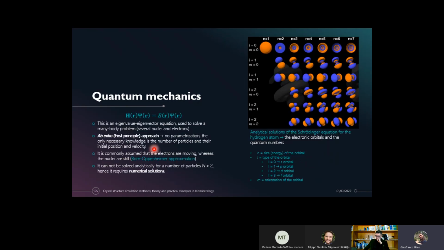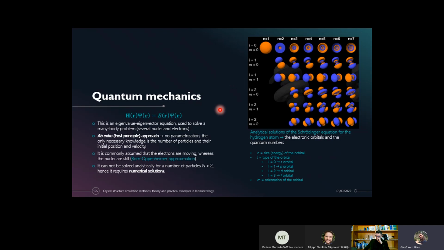The most important feature is that the only systems for which the Schrödinger equation is analytically solvable are the hydrogen atom, which has one electron and one proton, and the helium atom, if we consider the electrons not as two particles but as the center of mass of the two electrons.